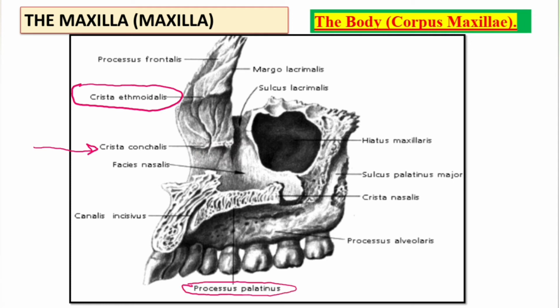And here you can see the palatine process, processus palatinus. If combined, it forms the roof of the oral cavity, separating the oral cavity down here from the nasal cavity up here. So that's the nasal surface, facies nasalis.